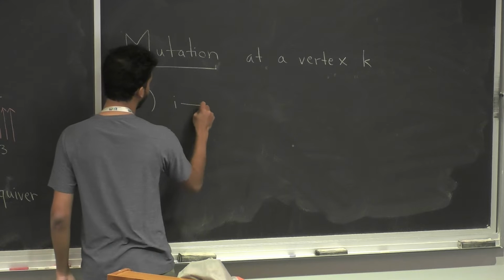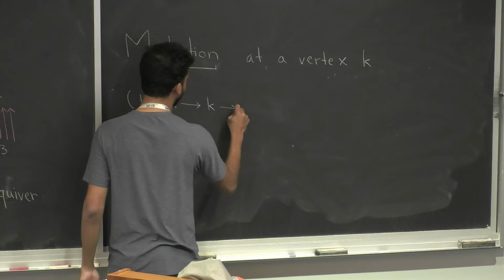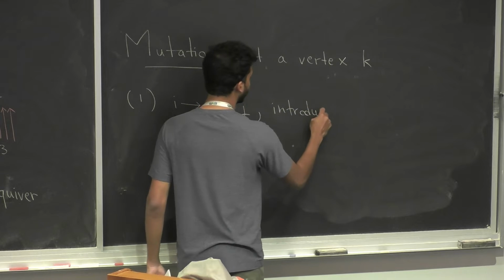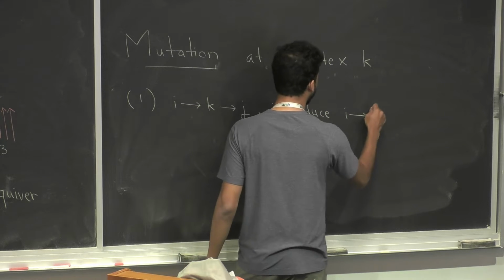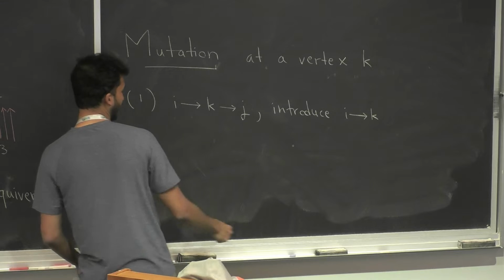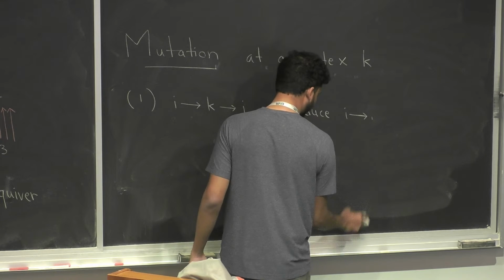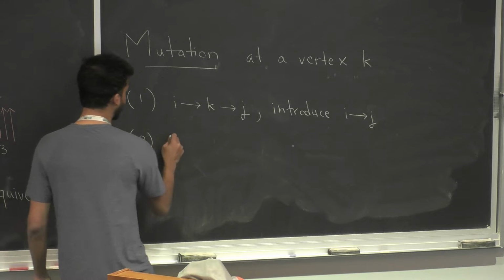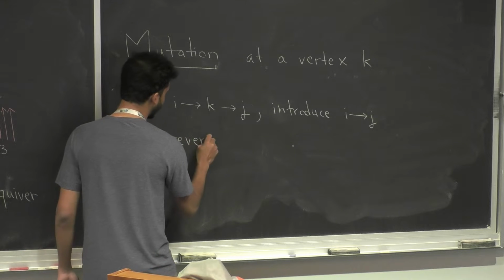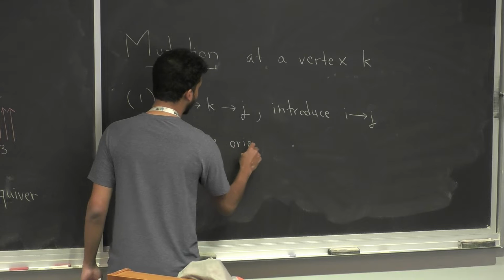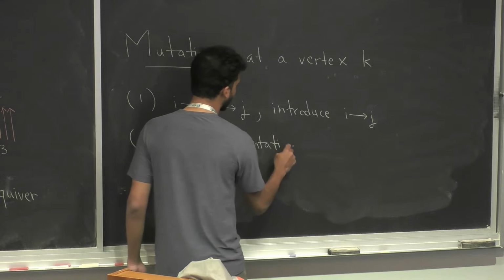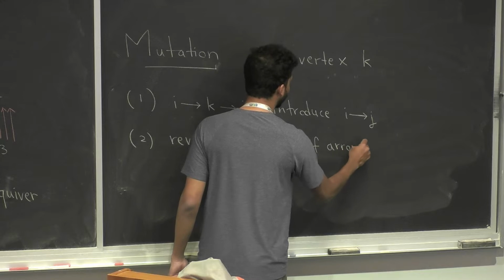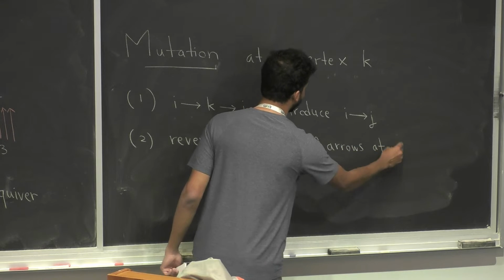Then for any sequence of arrows like this, you introduce a shortcut, i to k, i to j. And then you reverse the orientations of all arrows at the vertex k.